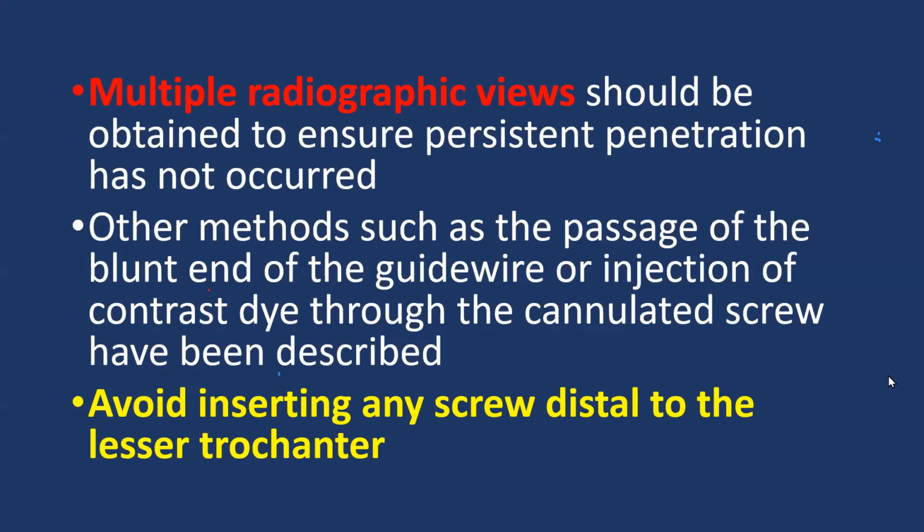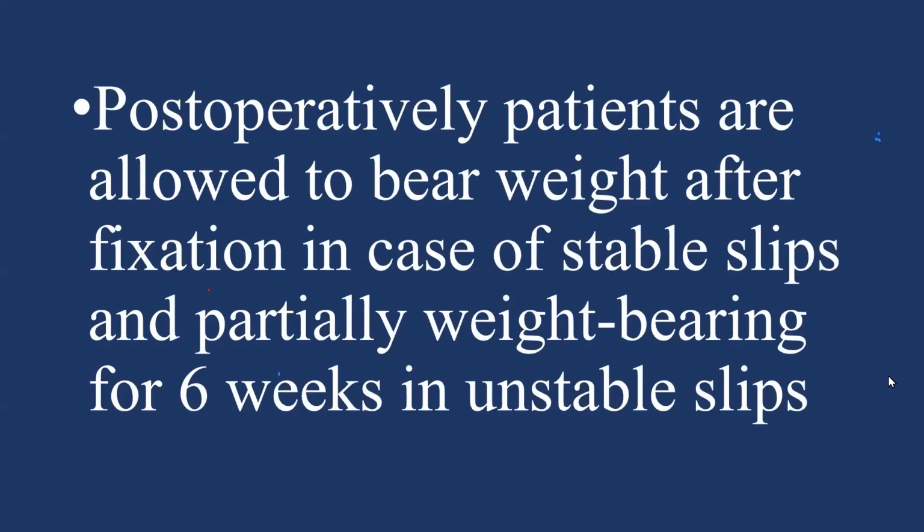So don't penetrate the screw into the joint, and avoid inserting a screw distal to the lesser trochanter. Post-operatively, patients are allowed to bear weight after fixation in case of a stable slip, and partial weight bearing for 6 weeks in unstable slips.